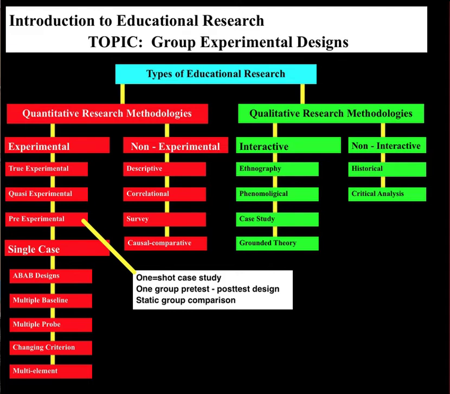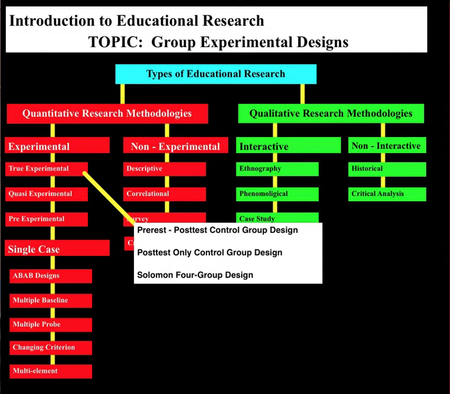Well, next we'll take a look at what's considered the gold standard of educational research, true experimental research. And we're going to look at 3 true experimental research designs. The pre-test, post-test control group design, the post-test only control group design, and the Solomon 4 group design.